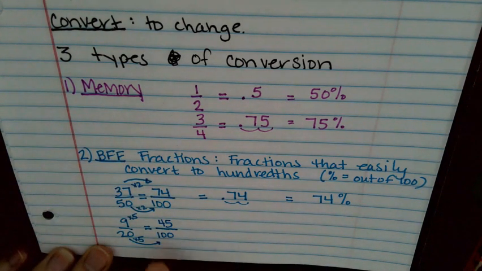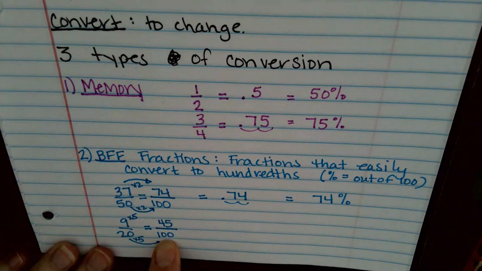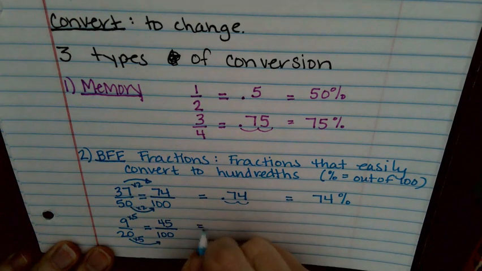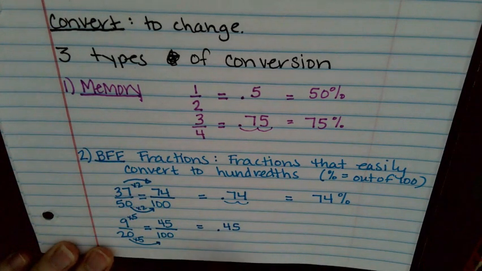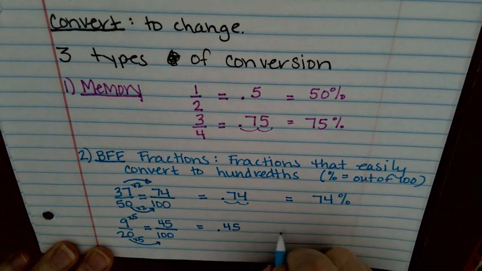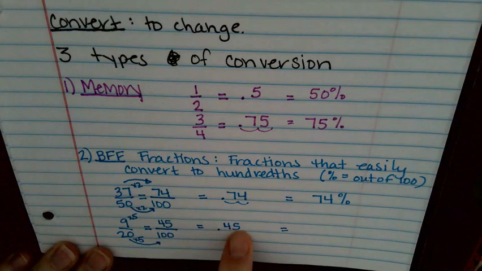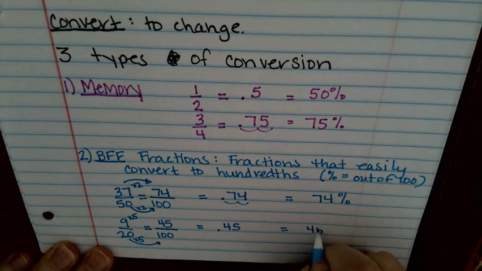Now, listen to what this says. 45 hundredths. It's a fraction. It's a decimal. They sound the same. So I know this is equal to 45 hundredths. How do I convert that to a percent? Easy. I move the decimal over 2 places and I get 45%.